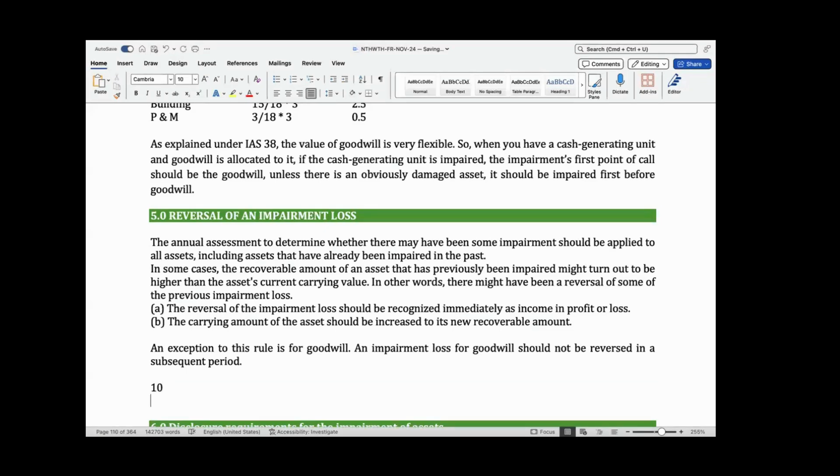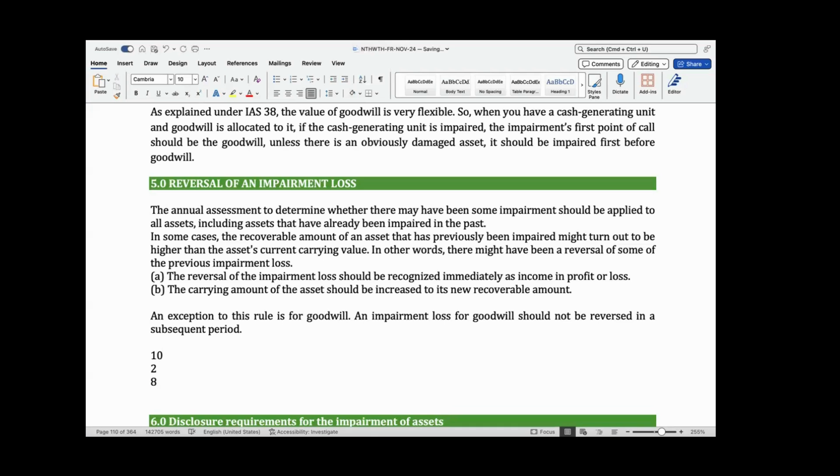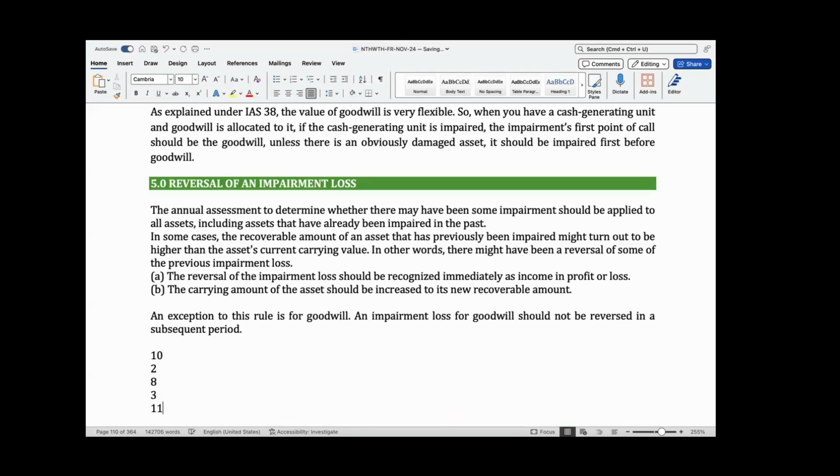You now say, okay, there was an impairment of 2. So you wrote down your assets to 8. In another year, you now say there's a reversal that you now have a positive of 3. You now want to take your asset to 11. We will not agree. You will say you want to cheat. Your asset cannot become 11. We will restrict it to this 10.